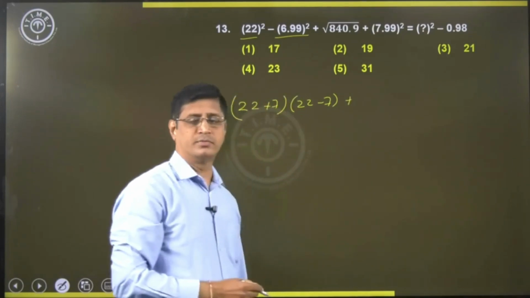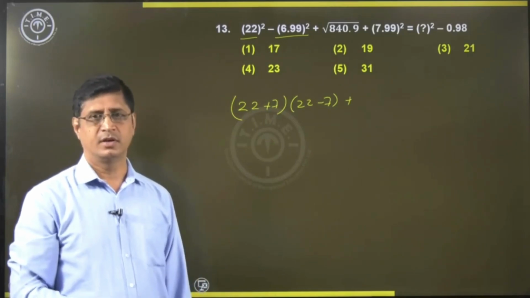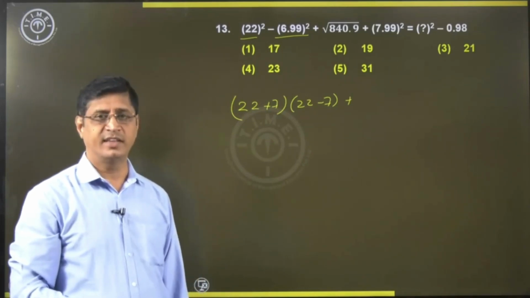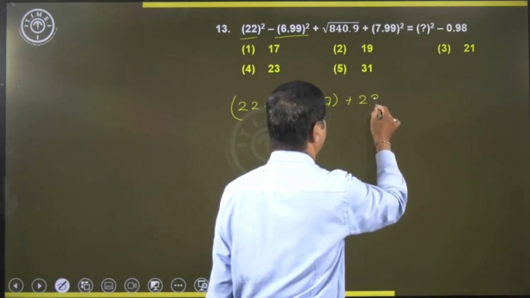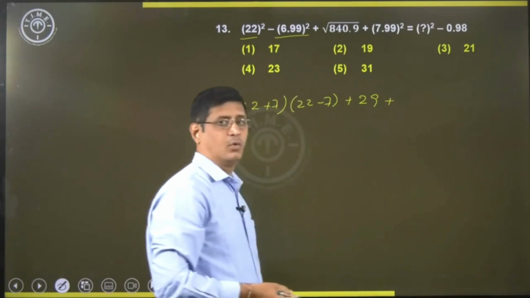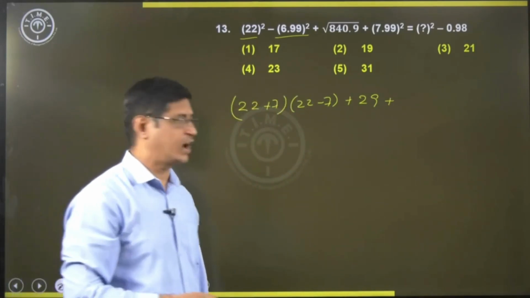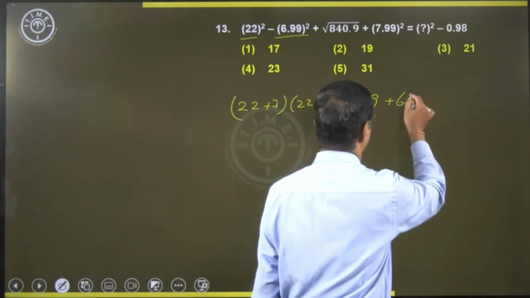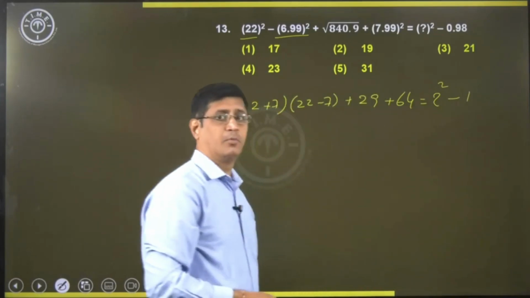Square root of 840.9 means 841. It is 29 square. 29 plus, what is the next? 7.99, approximately 8. 8 square is 64, equal to question mark square minus 1.